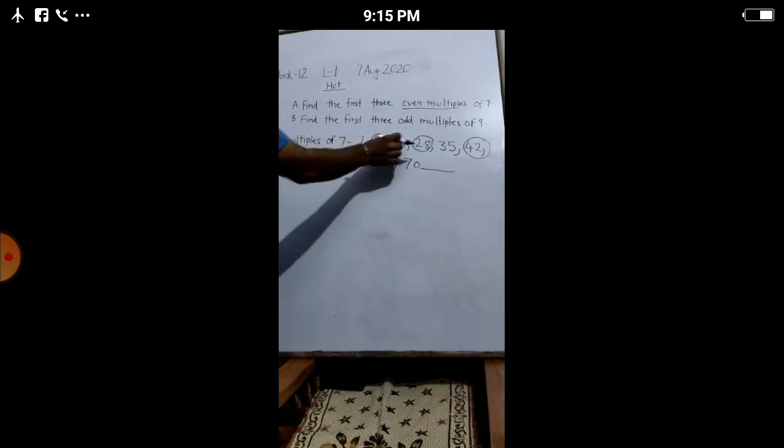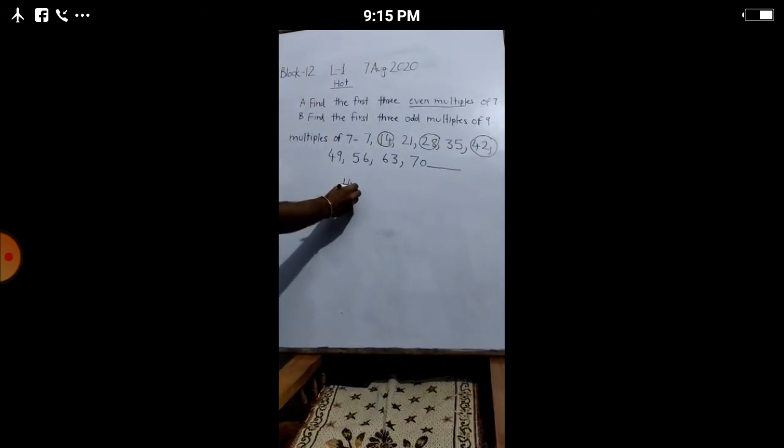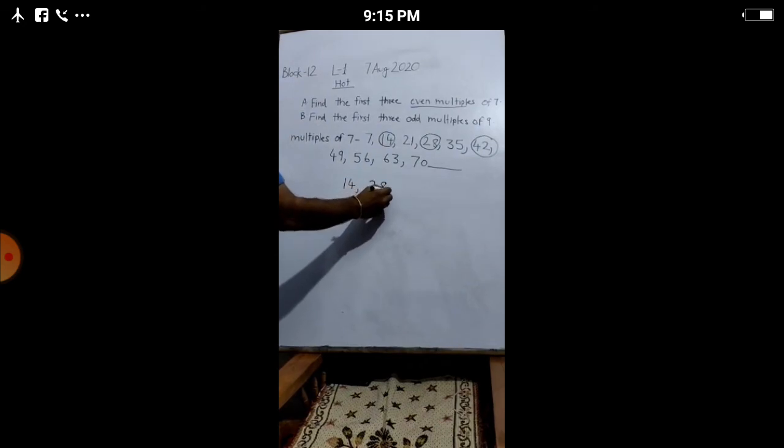So the 3 even multiples of 7 are 14, 28, 42. First 3 even multiples: 14, 28 and 42.